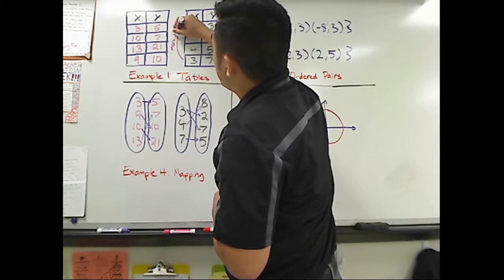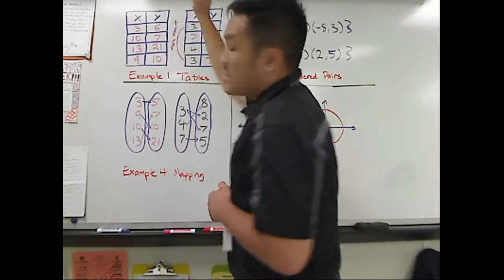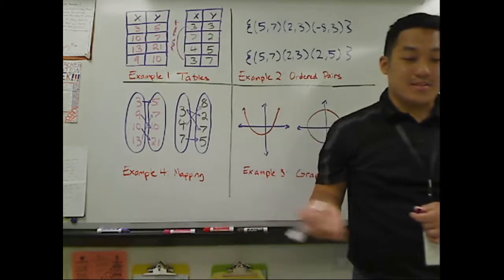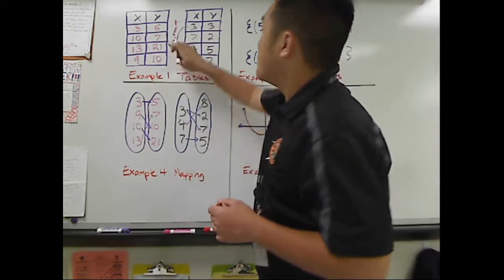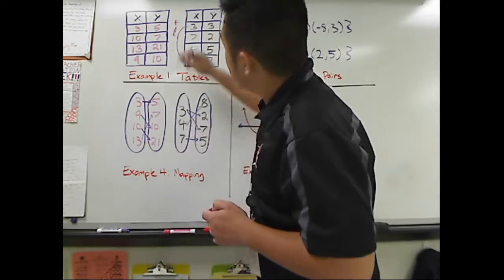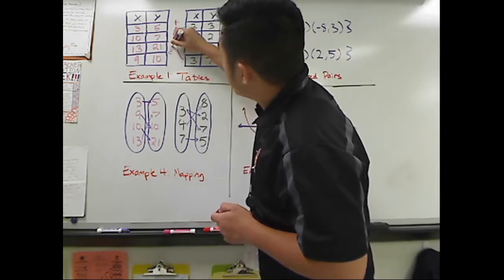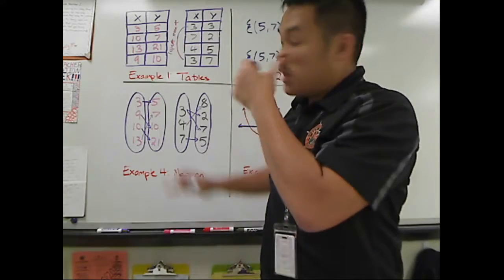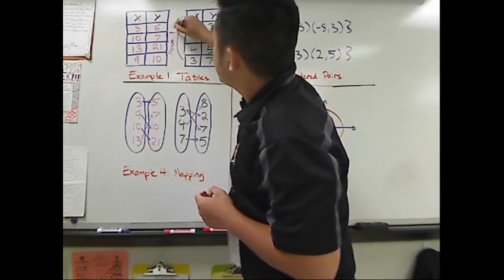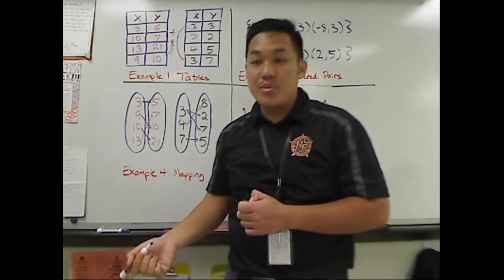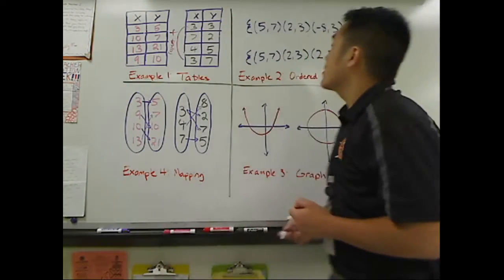Basically, if there's more than one of the same x, you can't have a function. You cannot repeat x. Do not repeat x. If you see the x's repeating on a table, it is not a function.